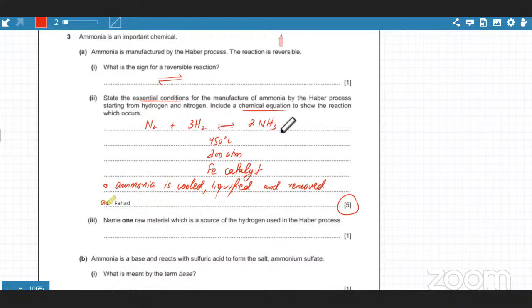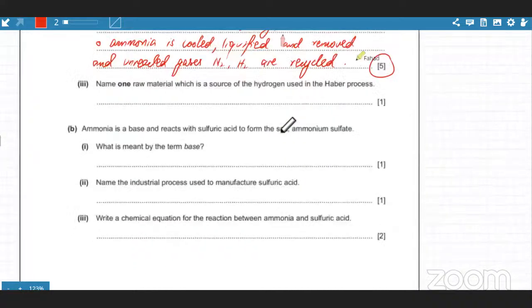And unreacted gases, which are basically nitrogen and hydrogen, are fed back, or a better word would be recycled. So they are recycled back into the system.